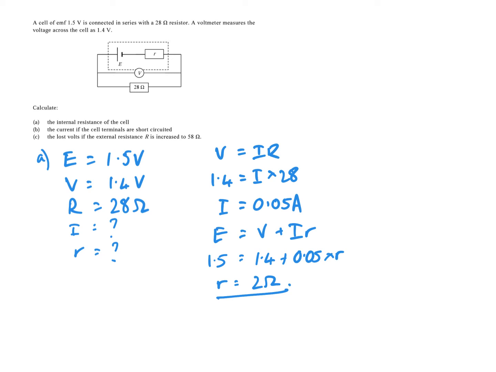Now for short circuit, remember we're changing things now. So now we're saying the definition of short circuit is capital R is 0. I can assume the E and small r remain the same. And then to get the short circuit current, I can now use the alternative version of the formula which was given.